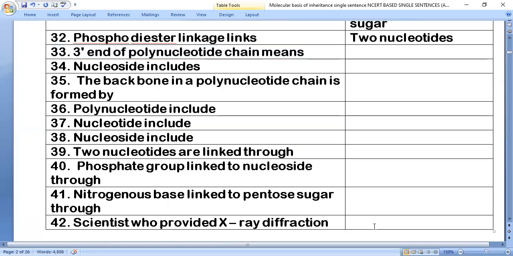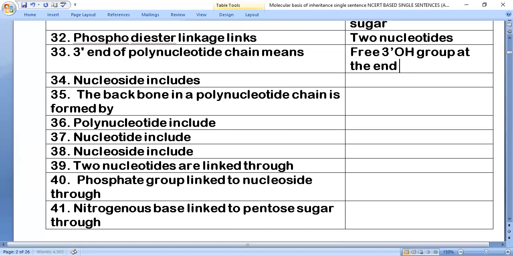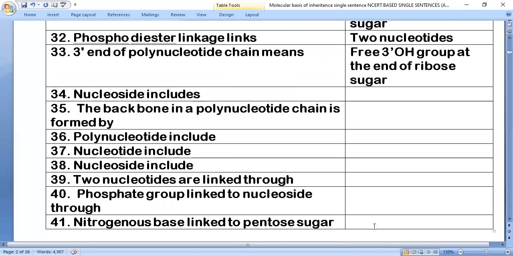3' end of polynucleotide chain means free 3' OH group at the end of ribose sugar. Nucleoside includes pentose sugar plus nitrogenous base.